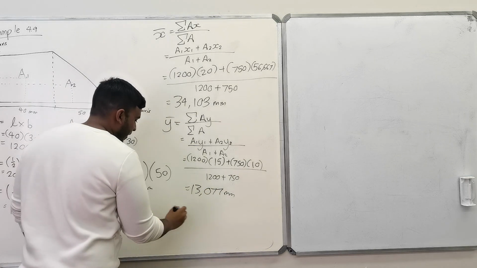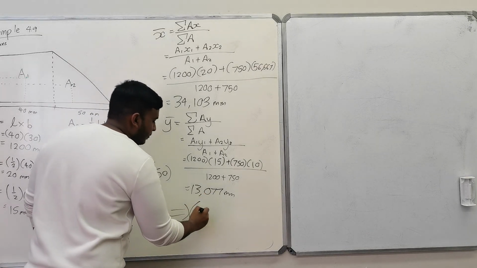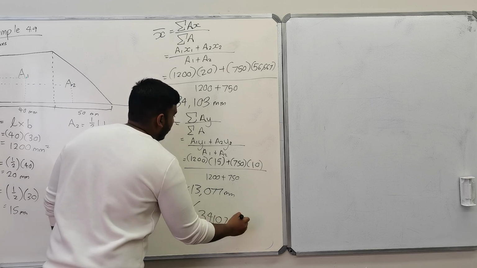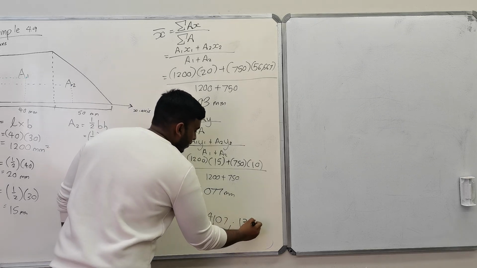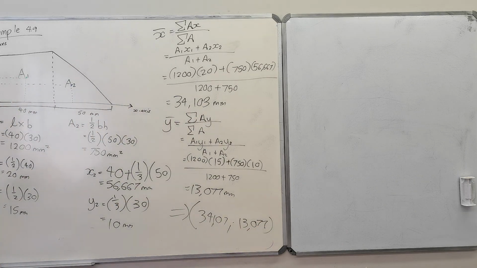So your final answer for the location of the center point is 34.1 and 13.077. If you look at it on your diagram, 34.1, if this is 40, is somewhere here.